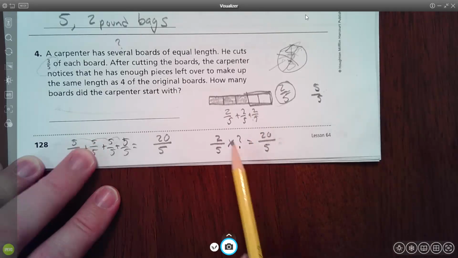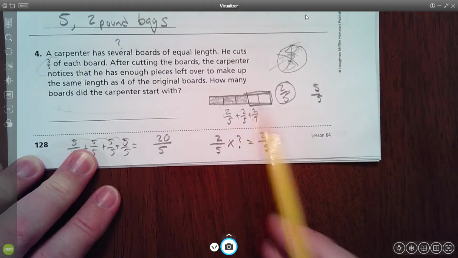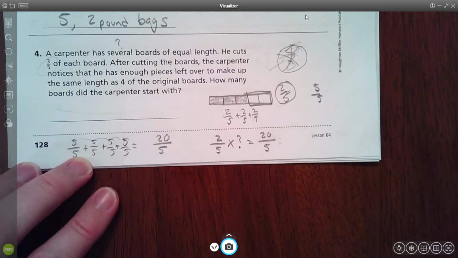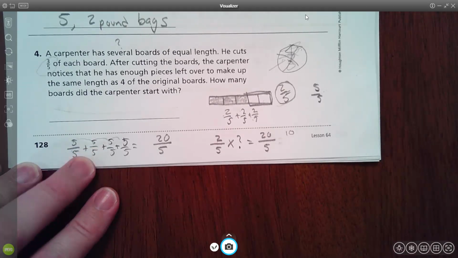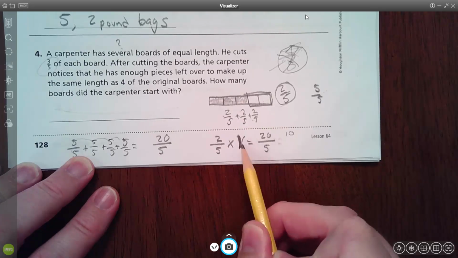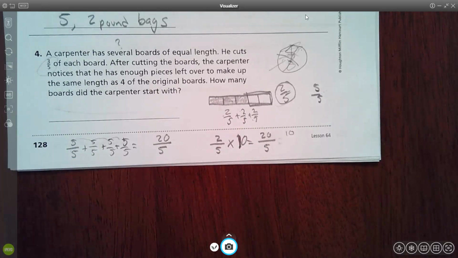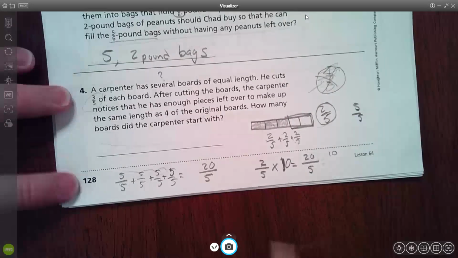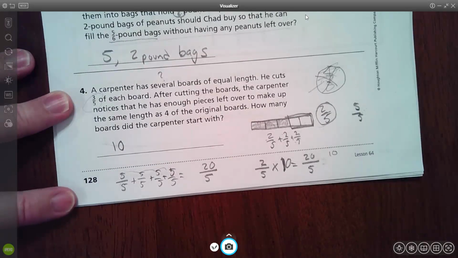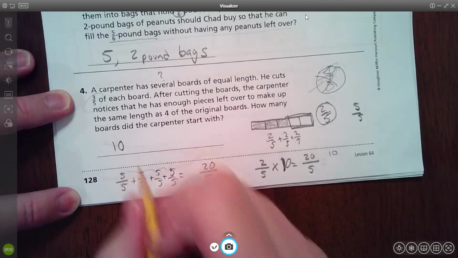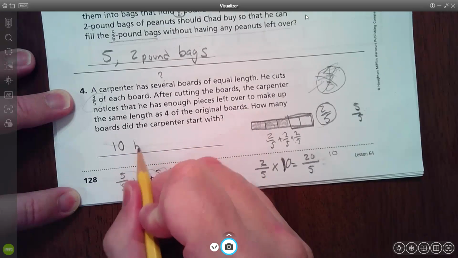How many times will I have to go 2, 4, 6 before I end up at 20? And you are right. It is 10 times, right? So this mystery number is actually a 10. So 10 pieces that are 2/5 long will make one that is 20/5. Oh man, like I said, these are rough ones. 10 boards. How many boards? 10.